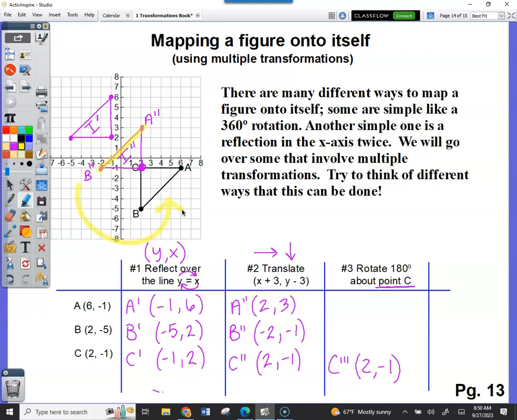You with me? So let's just follow one point. Let's follow B double prime. If I'm trying to get this whole thing to turn and land here, B double prime would land in what spot? Would it land at B or would it land at A?